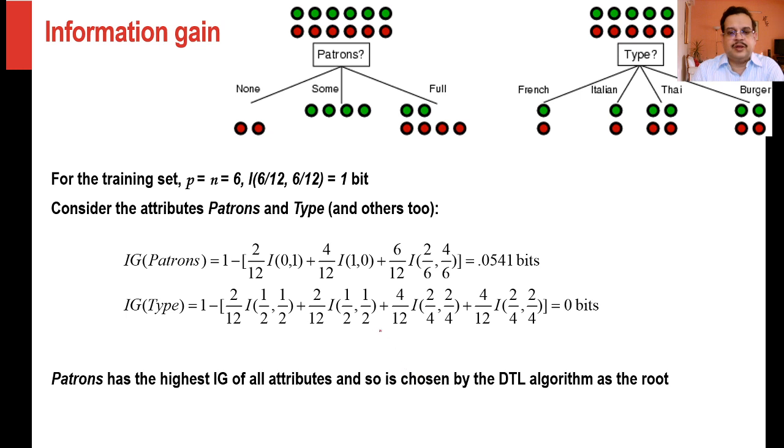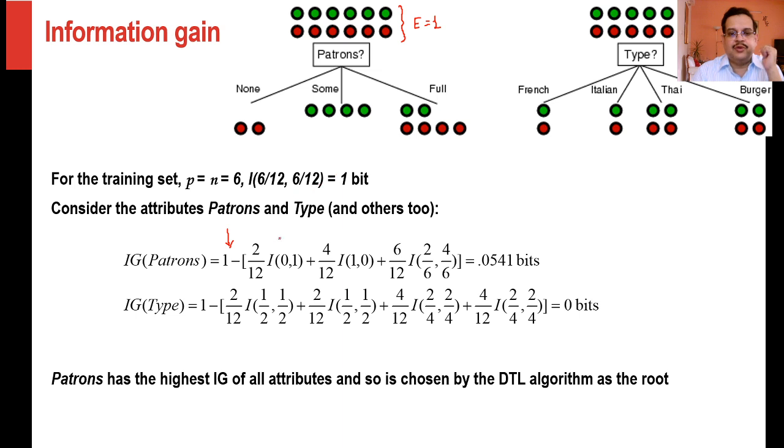If you look at the information gain for patterns, which I worked out just now, you have 1, which is the entropy of the original data set. In the original data set I had equal number of yeses and no's, so my entropy there was 1.